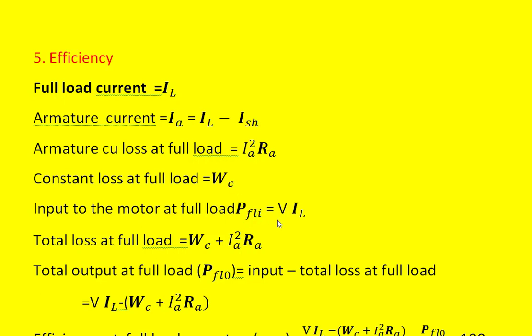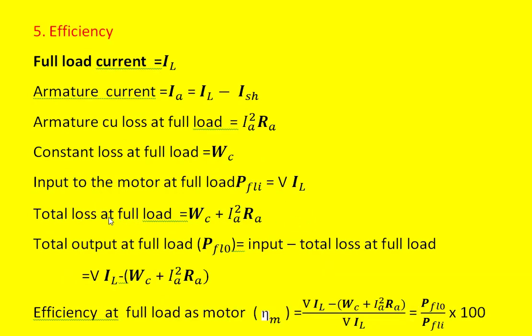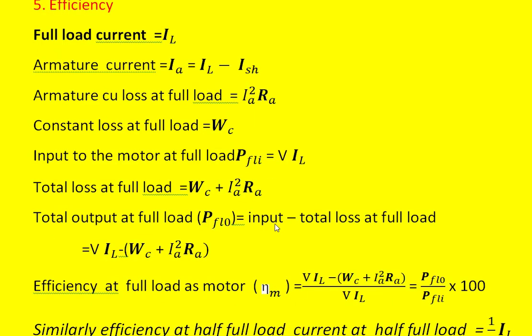Now we can calculate the input power to the motor at full load, that is V into IL, and the total loss at full load is WC plus IA square RA. Now we can calculate the output at this condition by subtracting the total loss from the input power, that is VIL minus (WC plus IA square RA).